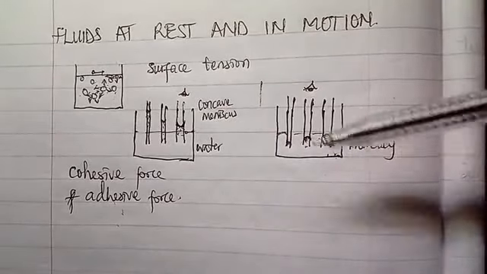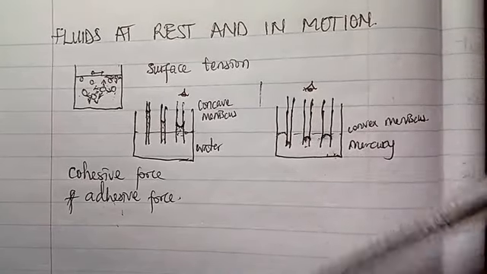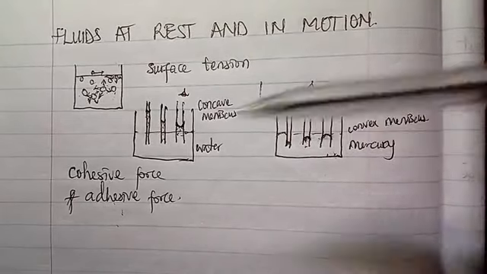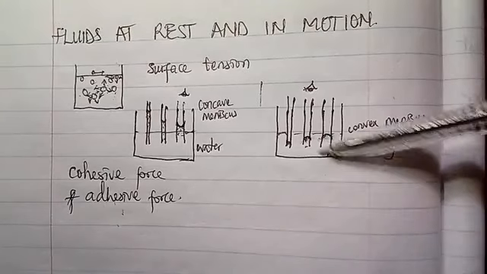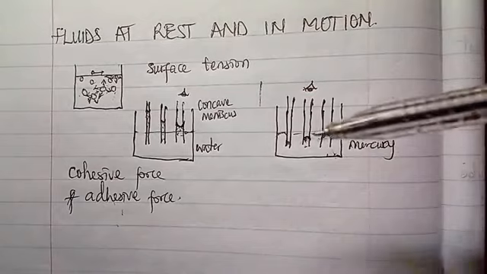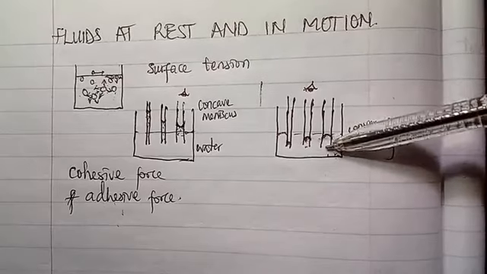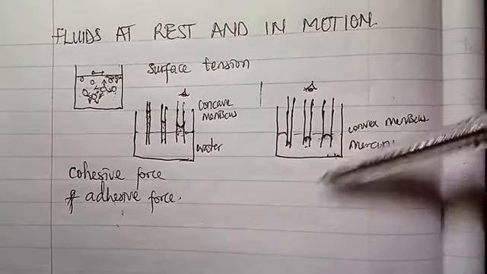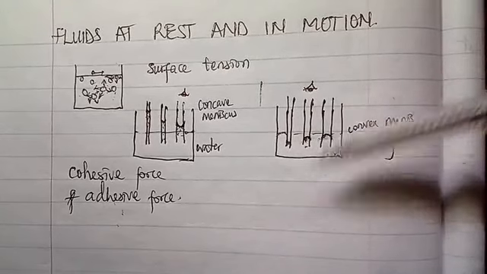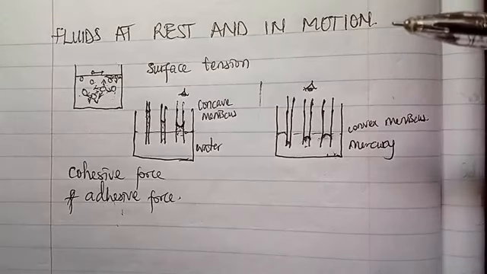For mercury, mercury falls in a capillary tube, or mercury does not wet glass, or mercury forms a convex meniscus because the cohesive force between the molecules of mercury is stronger than the adhesive force between the molecules of mercury and the glass tube. So that's all about capillarity.